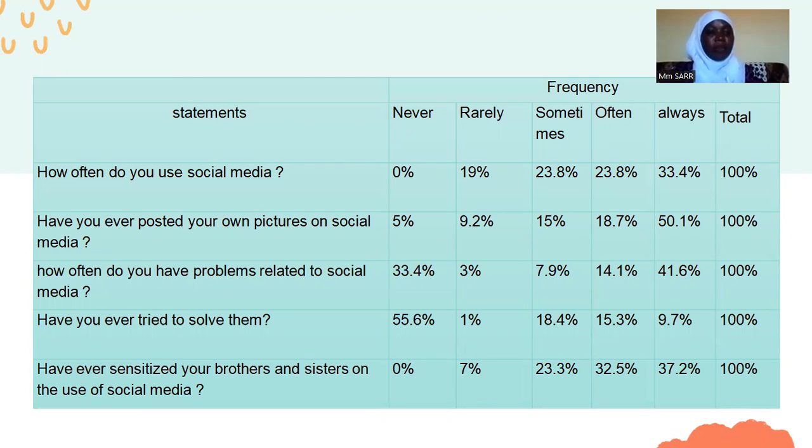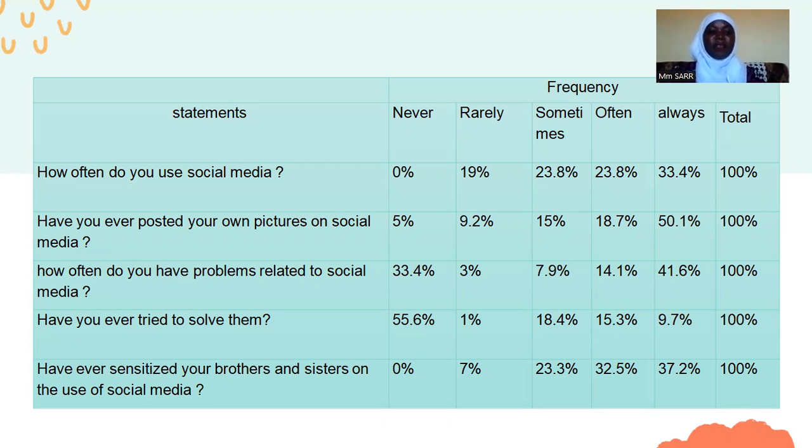Okay. And the next one is, have you ever posted your own picture on social media? 50.1%. Always. Okay. And then when we continue, we have how often do you have problems related to social media? Some say never, rarely, and the others always. 41.6% have already had problems.